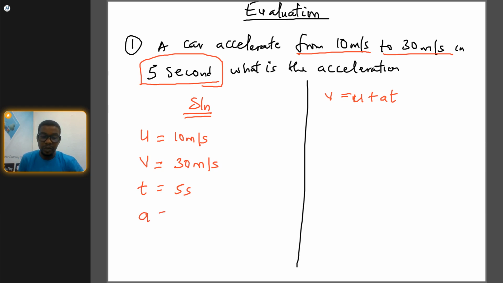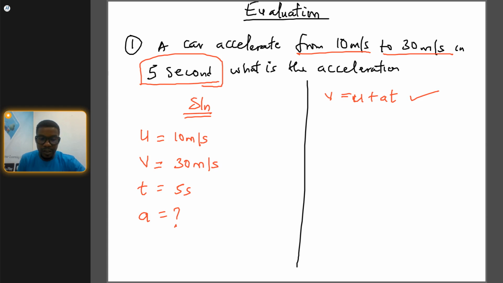The question is that we should find acceleration. And in these parameters, we have letter U, letter V, letter T, and letter A. And look at the formula I'm using: V, U, T, and also A. So the best formula to use to get the acceleration is this formula.